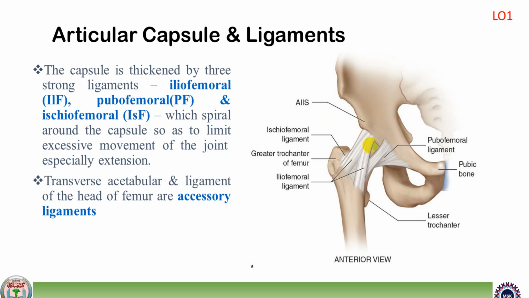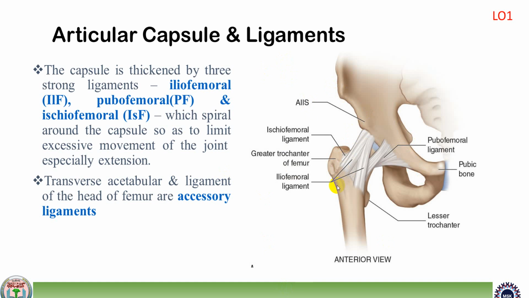These ligaments are very important for the stability of the hip joint, especially the iliofemoral ligament, and they usually prevent excessive movements of the hip joint, especially excessive extension. So these ligaments become taut during extension and usually become relaxed during flexion.